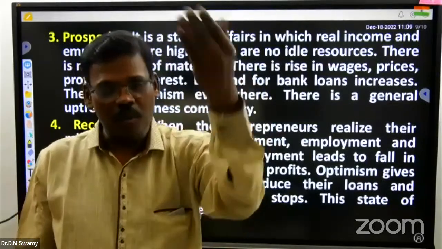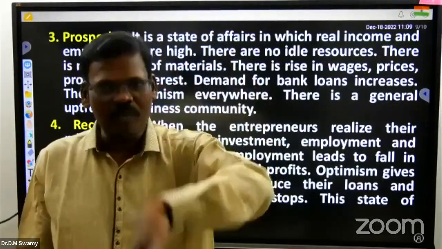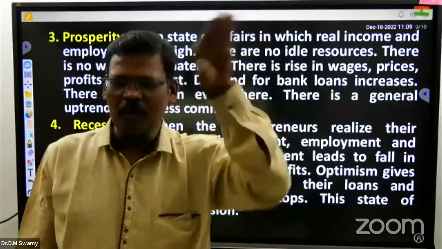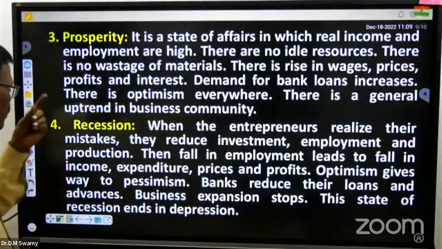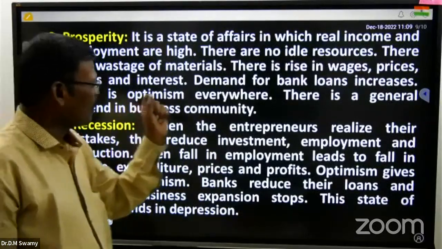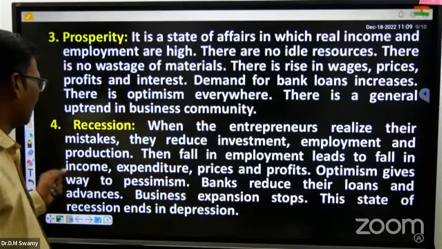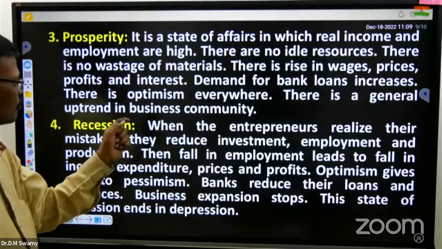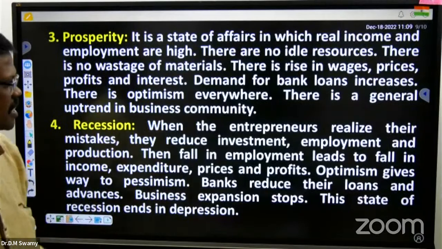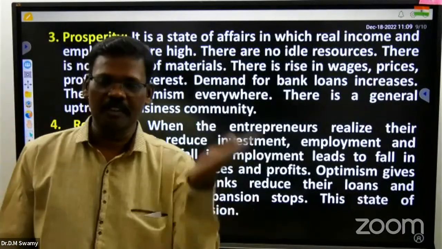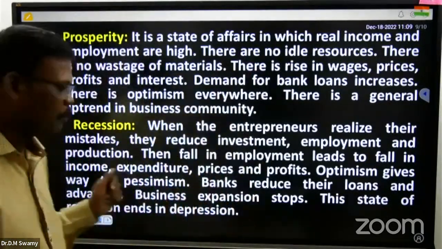Income, investment, everything will be available more than the requirement during the prosperity stage. Demand for bank loans increases. There is optimism everywhere and a general uptrend in the business community, so business activities will improve.